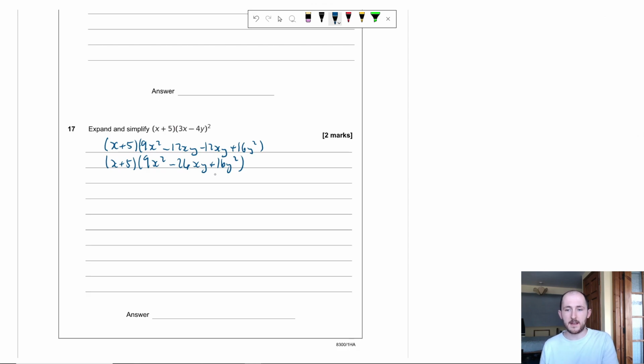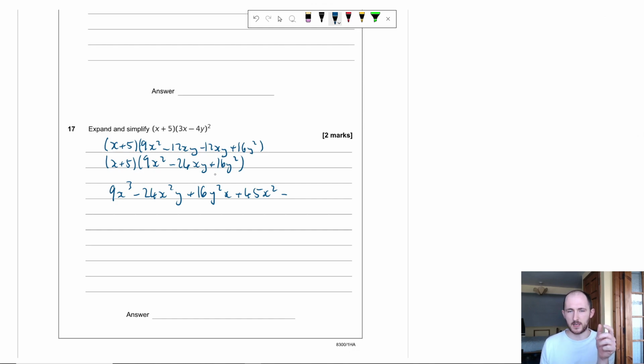Now expand the third set of brackets, so that would be 9x to the power of 3 minus 24x squared y plus 16y squared x plus 45x squared minus, so 24 times 5, that's actually a good question, it'd be 120. And how I did that is when I times by 5, I times by 10 and then half it.